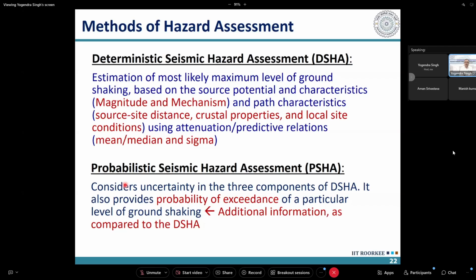It considers all the uncertainties and variabilities in the data using which we perform the seismic hazard assessment, and then converts that into probability of exceedance in a particular time. Generally, this time is taken as 50 years, that is the design life of a structure, and this is the additional information we get as compared to DSHA.